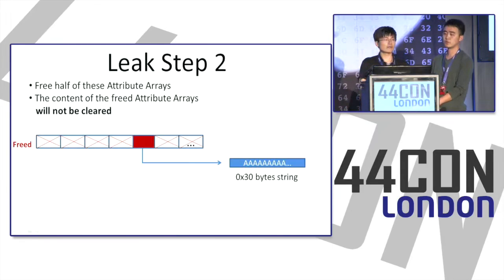Next, we free half of the attribute arrays. Although the attribute arrays are freed, the content of the arrays will not be cleared. So it will look like this. We have some free blocks that contain the pointer to the string of 0x30 bytes.